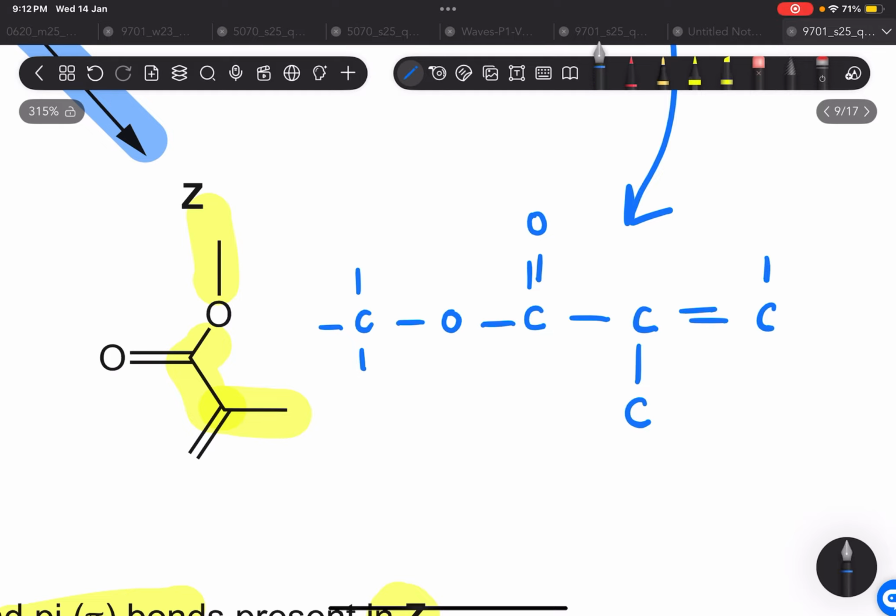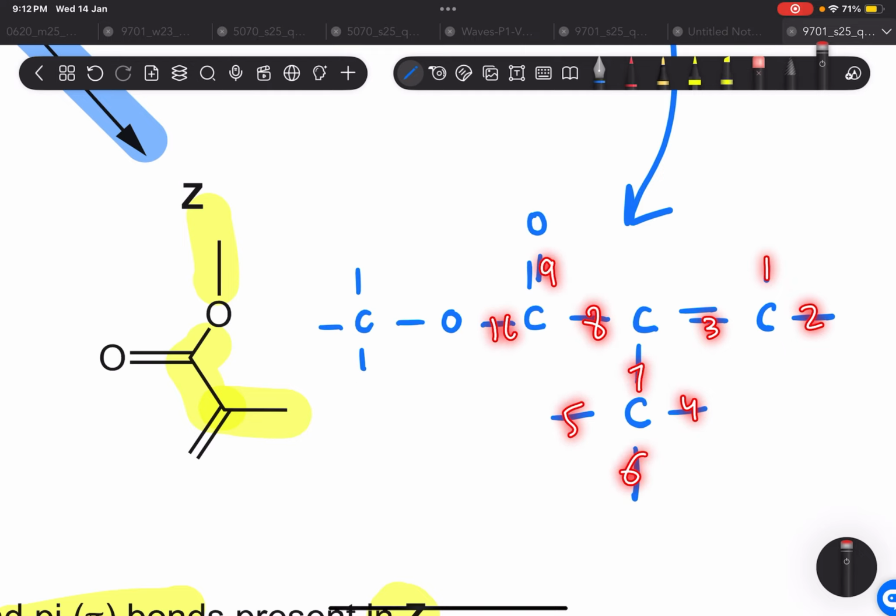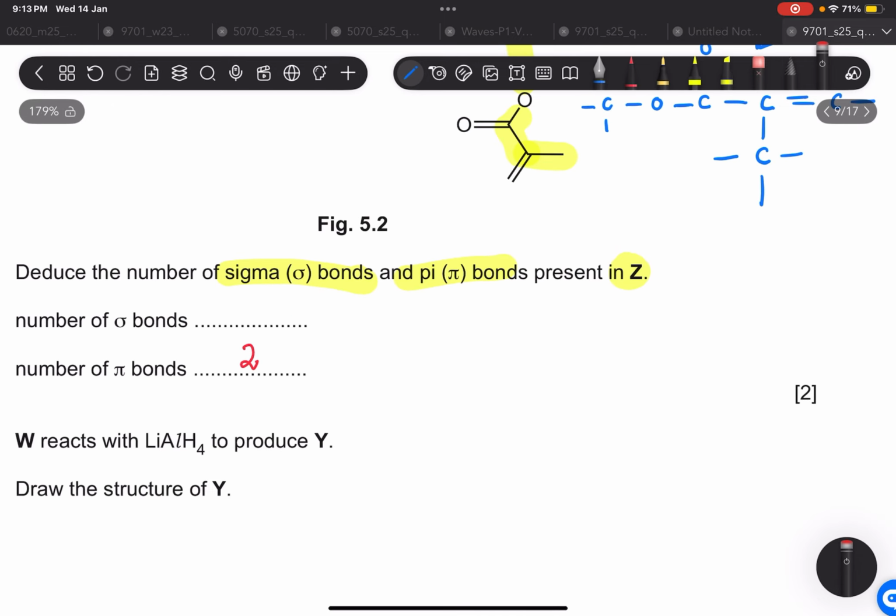There's an H here, then an H here, then an H here, here. So 1, 2, 3, 4, 5, 6, 7, 8, 9, 10, 11, 12, 13, 14. 14 sigma bonds I'm getting. So I'm going to say 14.